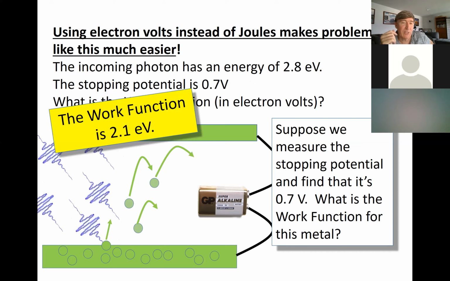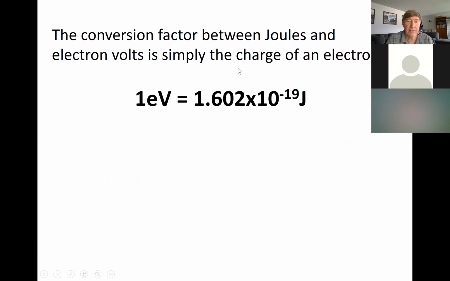In some of your problems tonight, they're going to ask you to work the problem in joules, and in other problems, they're going to ask you to work it in electron volts. So you need to be very clear about how to change back and forth from one to the other. The conversion factor is that 1 electron volt is equal to 1.602 times 10 to the negative 19 joules.